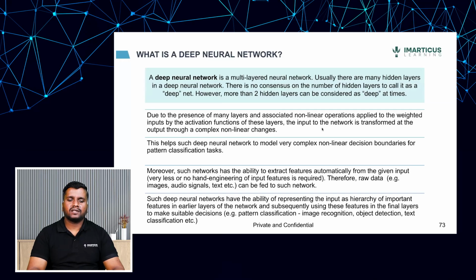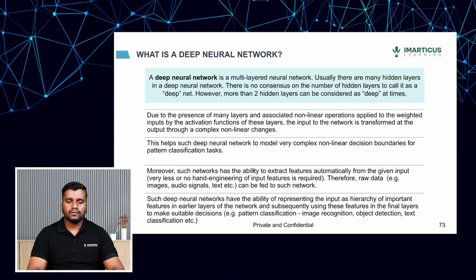This helps a deep neural network model very complex non-linear decision boundaries for pattern classification tasks. Moreover, such a network has the ability to extract features automatically from the given input data. Therefore, raw data can be fed to such a network.